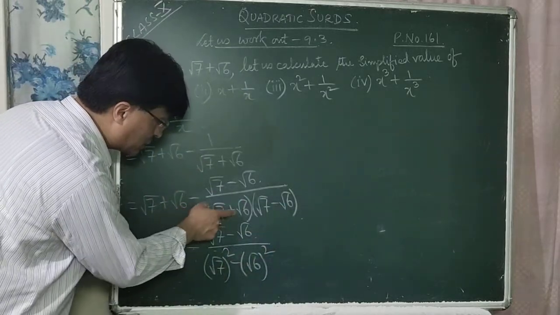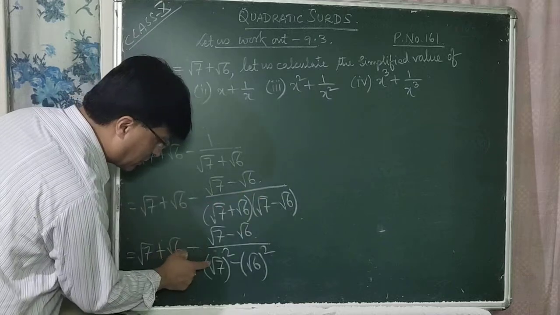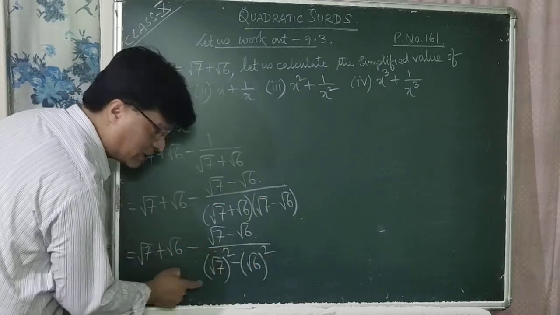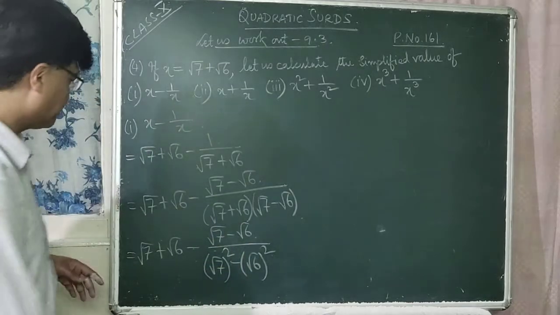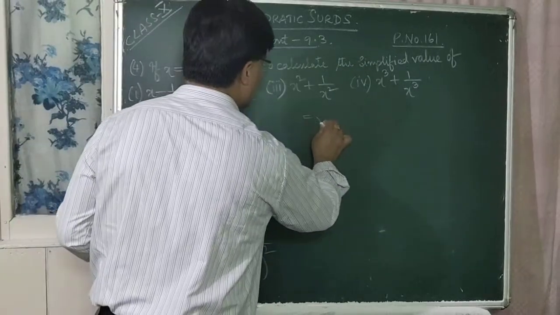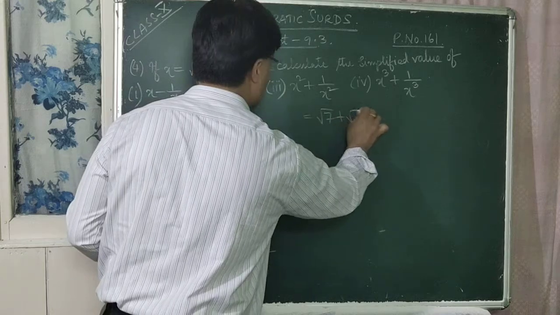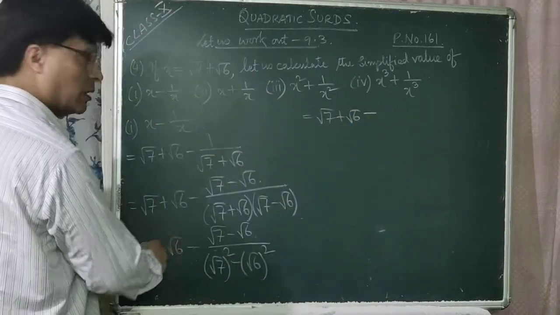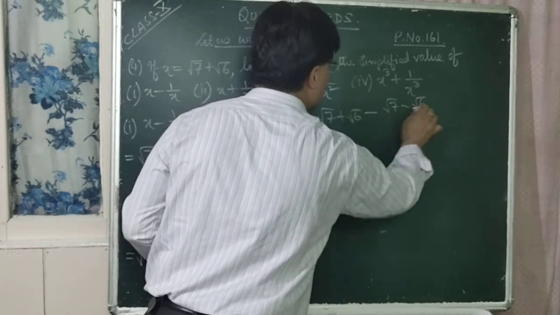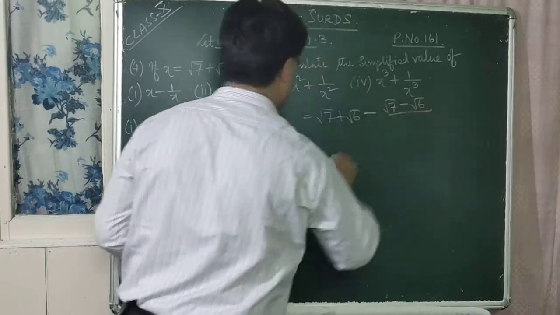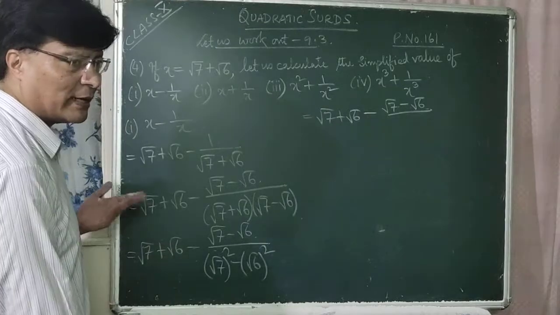So this is a plus b into a minus b. So this is a square minus b square. That is root 7 whole square minus root 6 whole square. Is that clear? So which is equal to root 7 plus root 6 minus, in the numerator there is root 7 minus root 6 whole divided by, what is root 7 whole square?